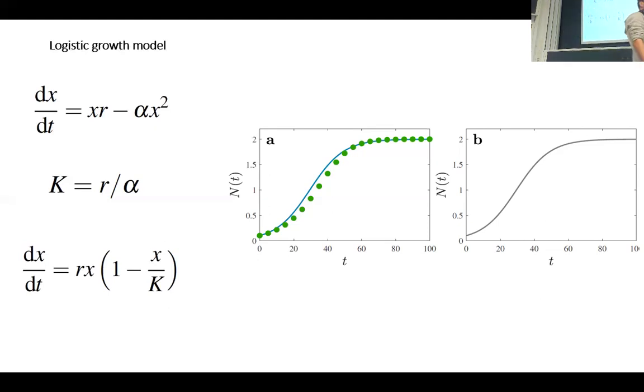And here what we see is that, importantly, this model has a good advantage. Here the green dots and the blue lines are the same simulations done with different time steps. For the green dots, the time steps are 10 times larger than the blue lines.